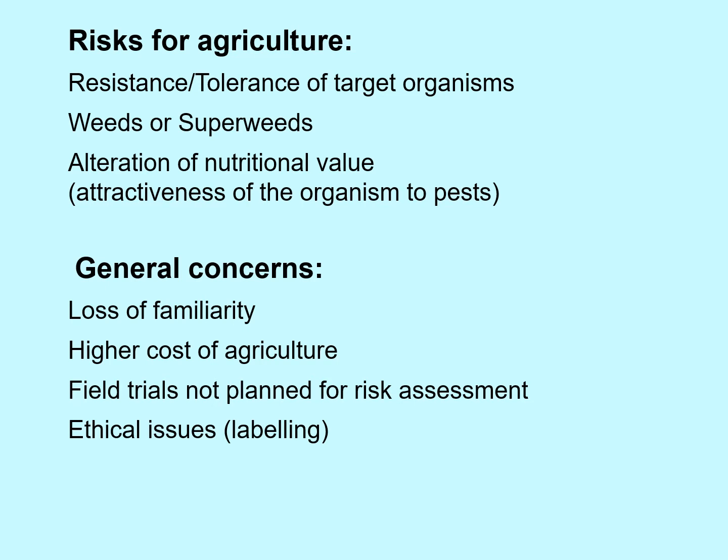I think many people do these days. The higher cost of agriculture, because you have to buy the seed each year, you have to buy the chemicals. You're stuck for 20 years, you cannot get that seed from anyone else. And field trials are not planned for risk assessment. And then, of course, the issue facing us in class this week, the ethical issues of labeling.